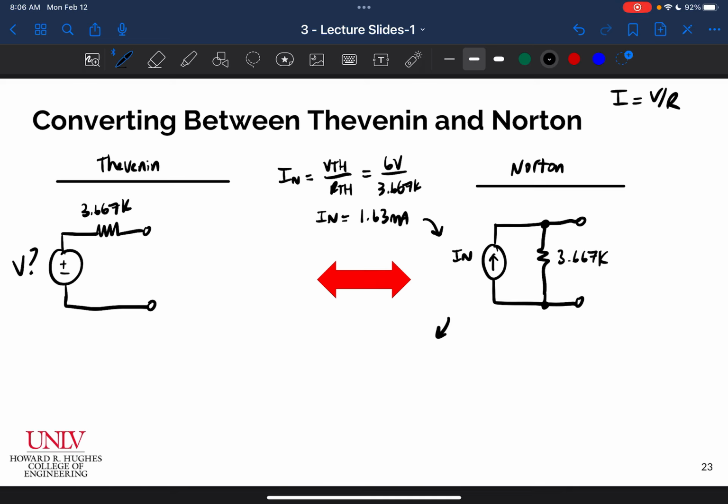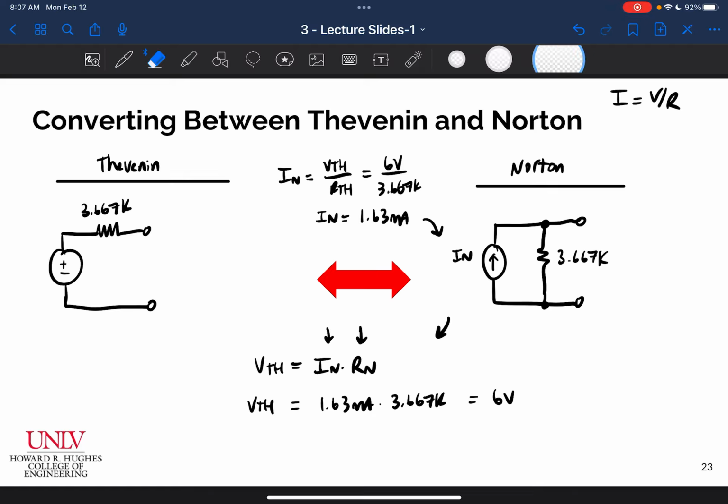Well, I can use the original form of Ohm's law, which is V is equal to I times R, with my Norton current and my Norton resistance to get V Thevenin. So I would take my 1.63 milliamps, multiply it by 3.667K, and if I throw that in my calculator, I will get 6 volts, and that's exactly what I expect to get, okay?